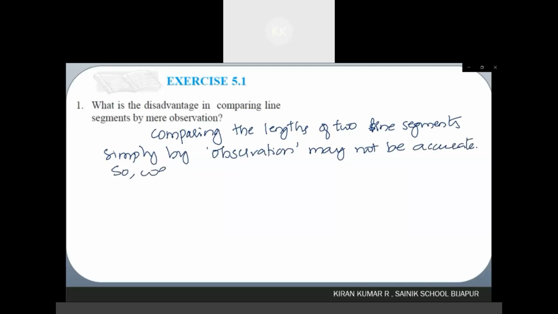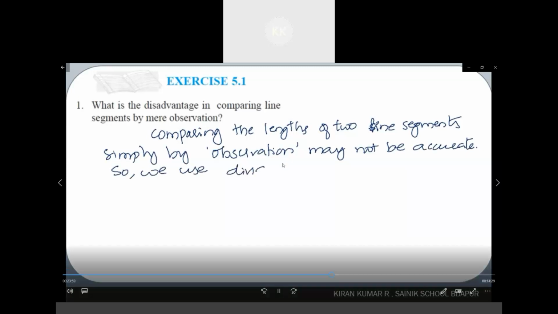So we use a divider to compare the lengths of the given line segments.